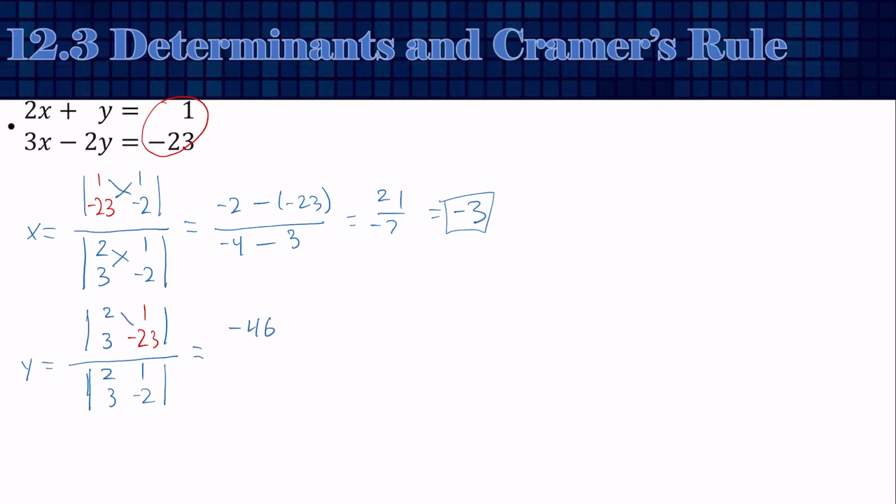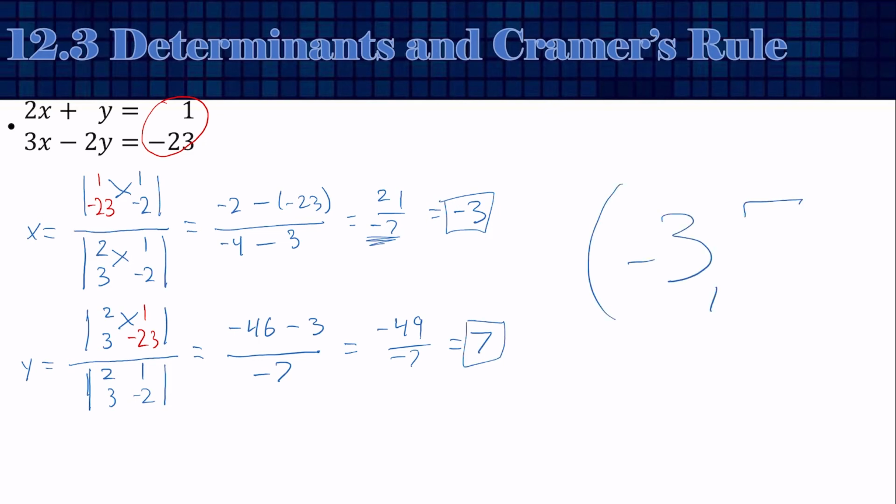So that's -46 minus 3. And the bottom, there's no need to calculate it again because it's the same as for x. The bottom was negative 7. We found it before. So I have negative 49 over negative 7, which is 7. So our answer is negative 3, 7.